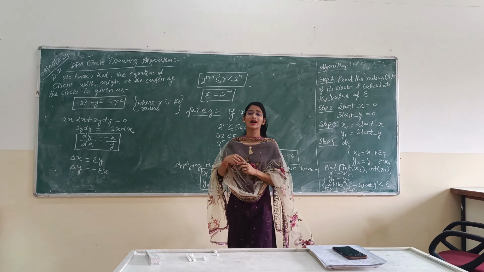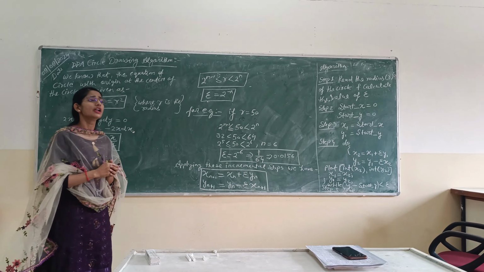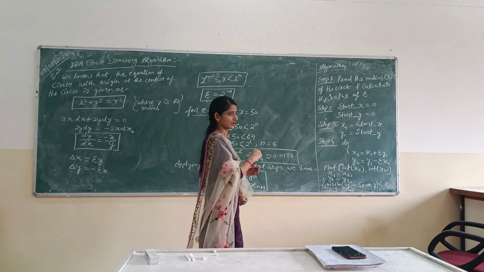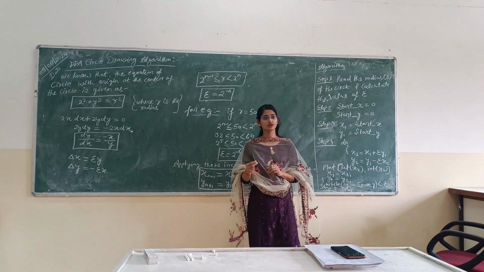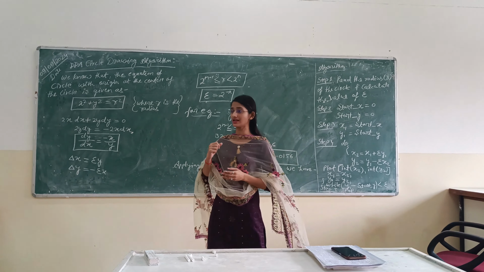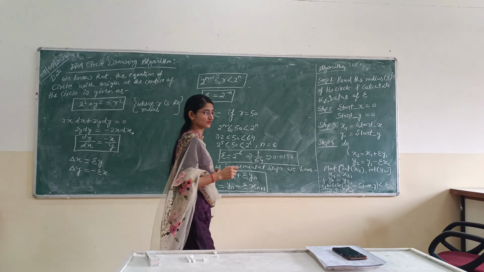Then you need to assign this 0, 0, the previous step's value, to other variables like x1, y1, and then you need to check the incremental conditions, means x n plus 1 and y n plus 1.